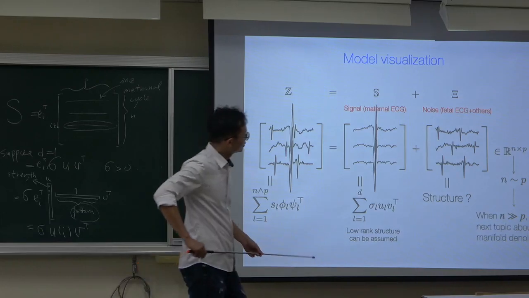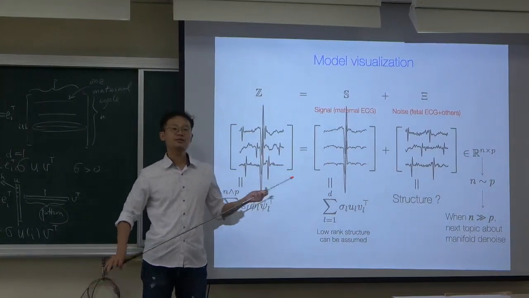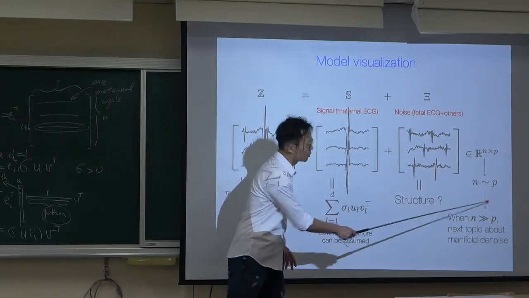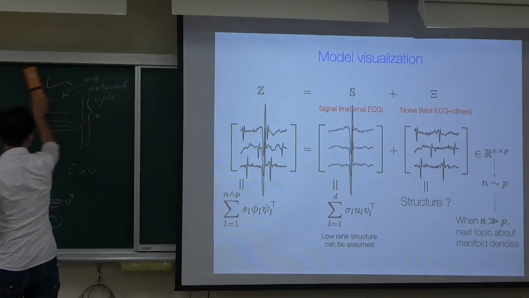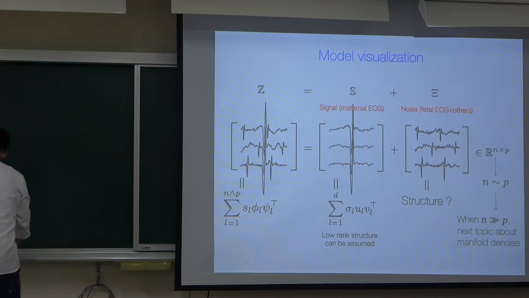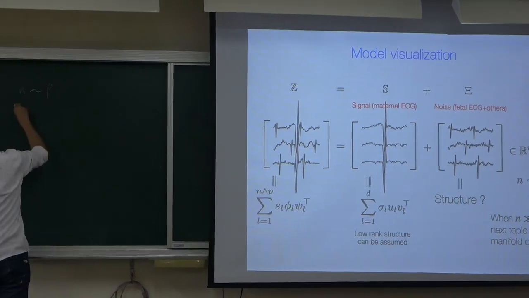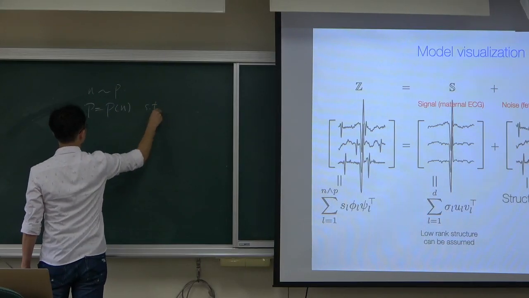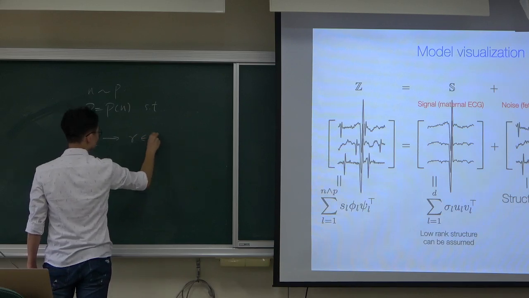Okay, the final part is the N and the P. In the lecture today, we will focus on the condition that N is proportional to P. That is, we will assume P depends on N, such that P divided by N will go to some constant.